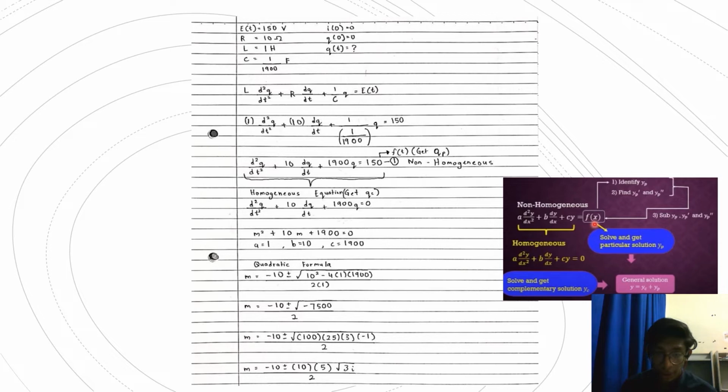We simplify the value inside the square root and split it into 100 times 25 times 3 times negative 1. Lastly, we get m equal to negative 10 plus minus 10 times 5 square root of 3 i, over 2. The square root of negative 1 is equivalent to i.